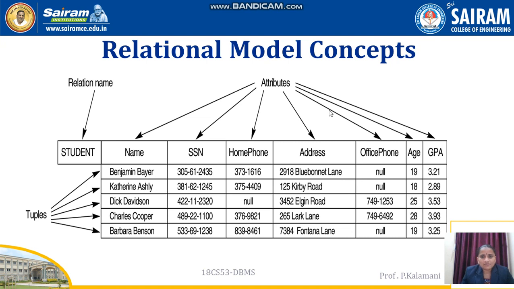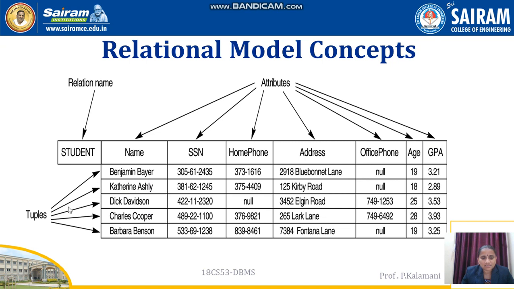For example, let us take the student table, or relation. In the student relation we have the attributes: name, SSN, home phone, address, office phone, age, GPA. And how many rows are there? 1, 2, 3, 4, 5 rows.